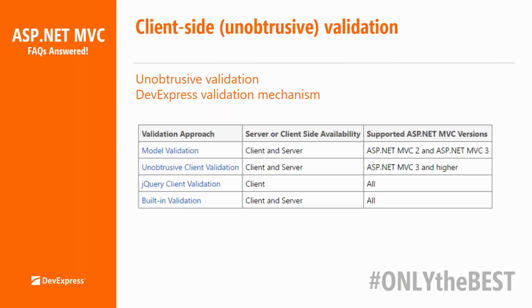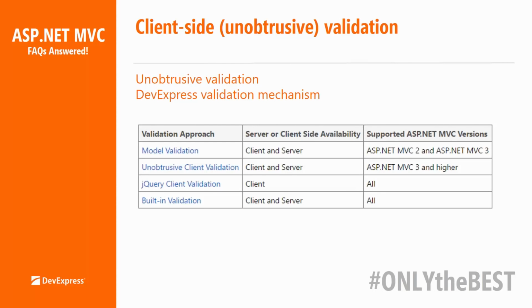Well, with the introduction of MVC 3, there was the unobtrusive client validation. One of the things which people like about MVC, besides the design pattern, is also the clean HTML that it renders.